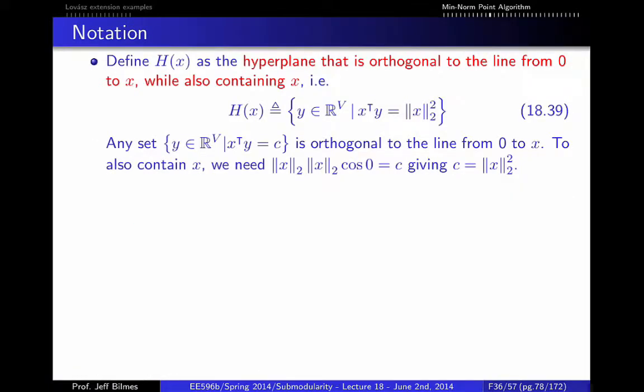So h of x is going to be defined as the hyperplane that's orthogonal to the line from 0 while also containing x. So let's just draw a picture for this. So here are our axes. Here's the origin down here. And let's say here's a vector x.